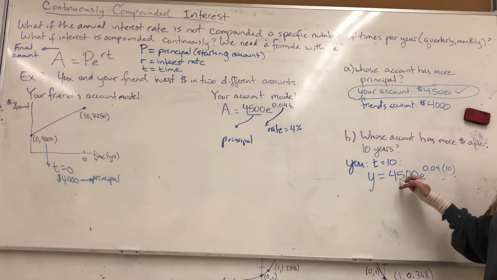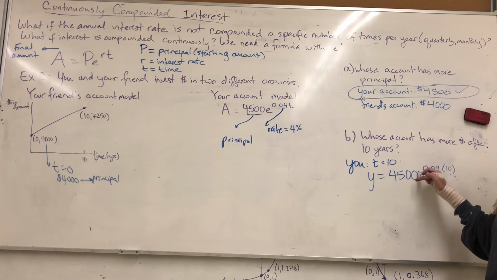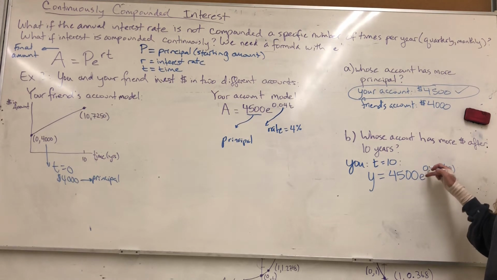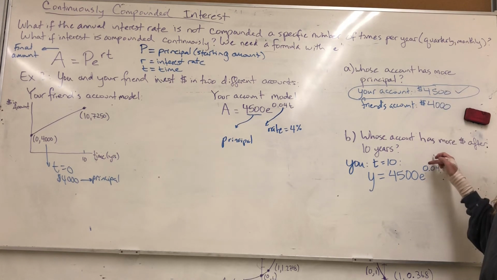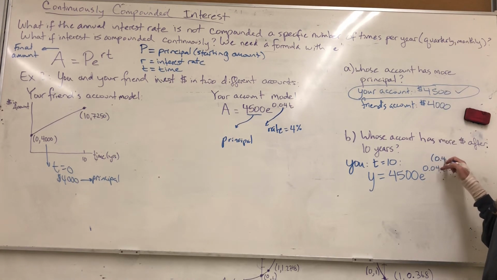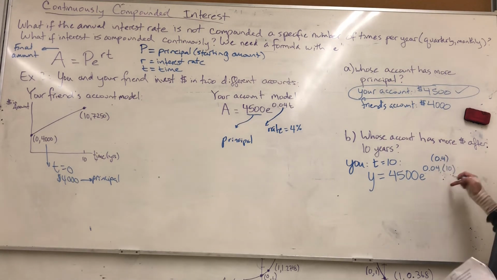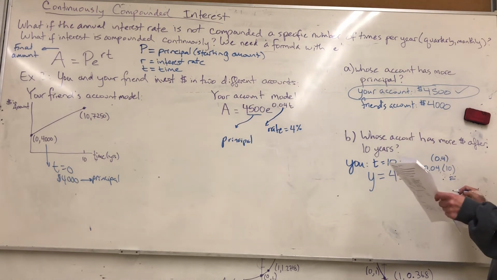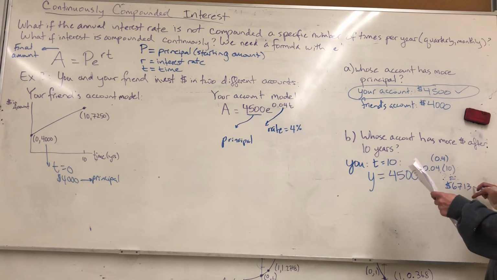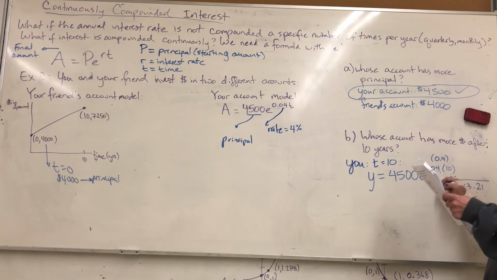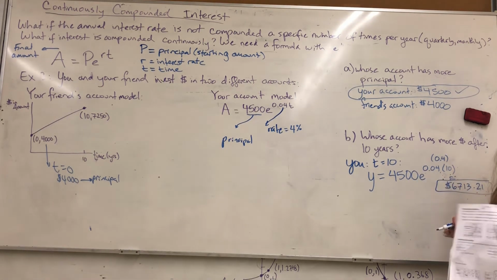So I can do 4,500 second ln, and that's going to ask me for the E, it's going to give me e question mark, and I'm going to enter in. This ends up being 0.4. So you will have approximately $6,713 and 21 cents. That's what you're going to have approximately after 10 years.